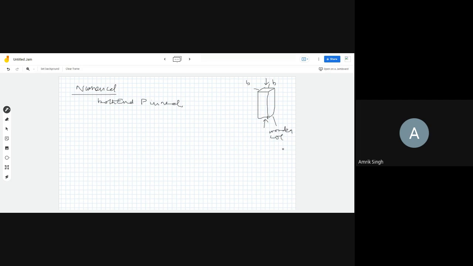The length is given as 3 meters and the value of E is given as 12 GPa.